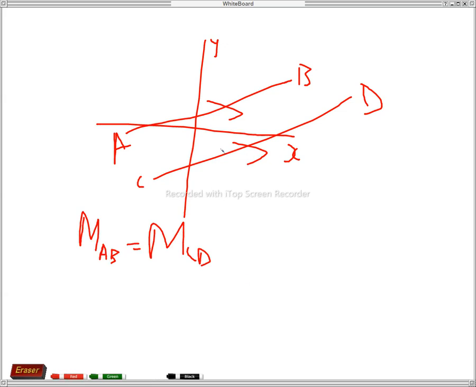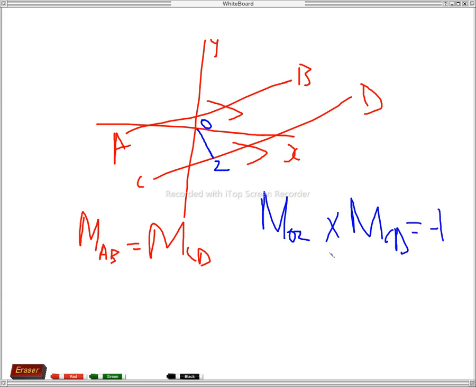And then if we have a line here, let's say O, and a line perpendicular to CD, which I label Z, the gradient of OZ multiplied by the gradient of CD must give you -1. The reason is that they are perpendicular.